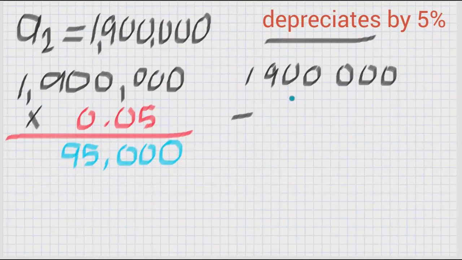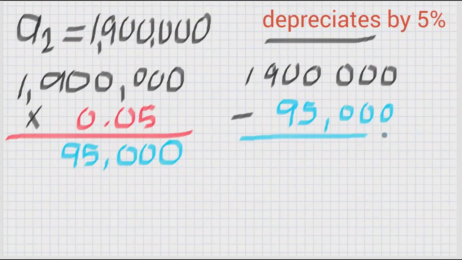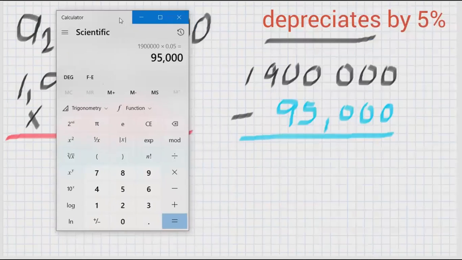Again, where did 95,000 come from? It is the 5% of 1.9 million. Let's do the calculation using the calculator.